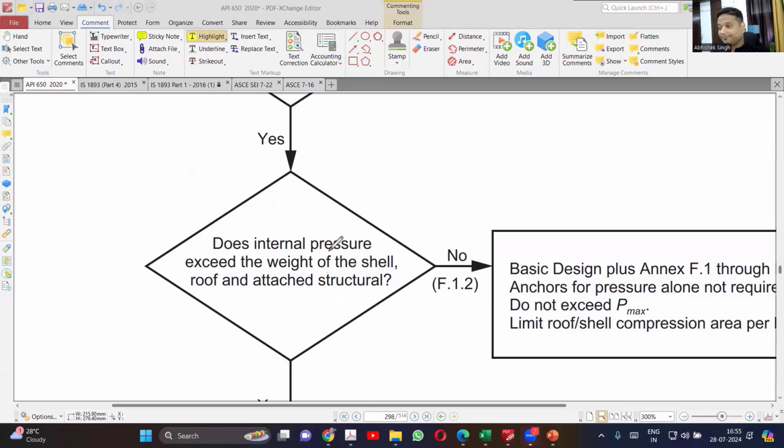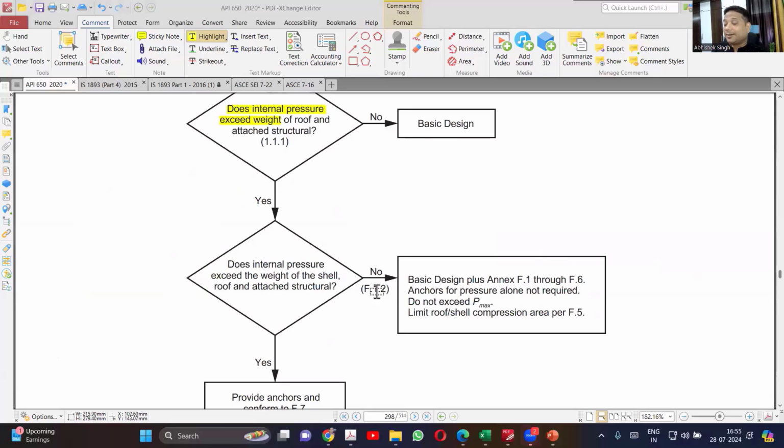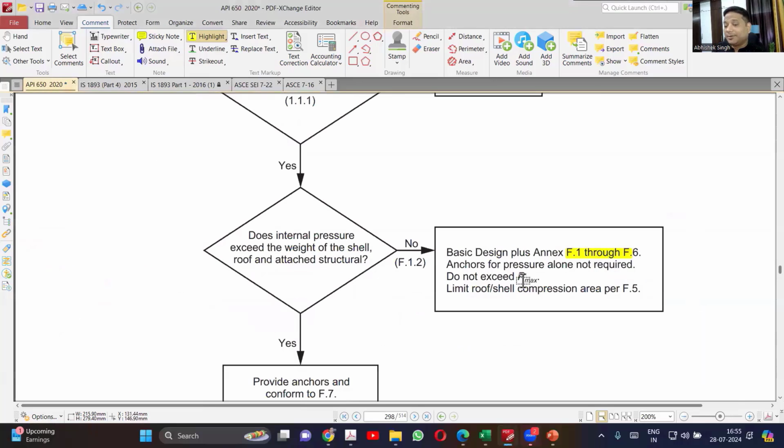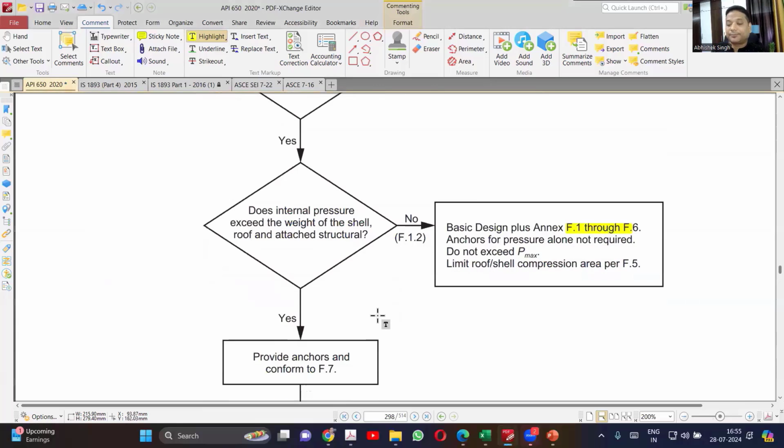If the internal pressure is not exceeding the weight of the shell and the attachment, then you have to do Annexure F1, but there's a different rule. You'll be following F1 to F6. We'll see that. And you'll be calculating some P max. Some calculation will be there from Annexure F.